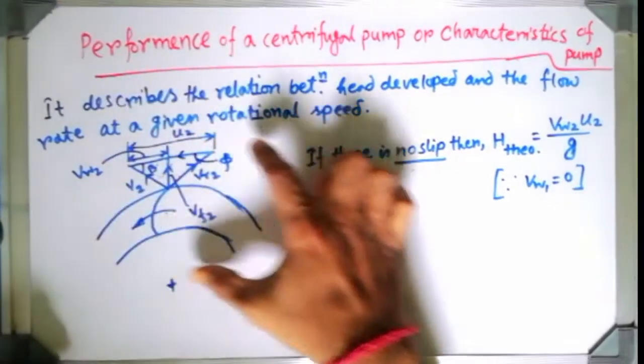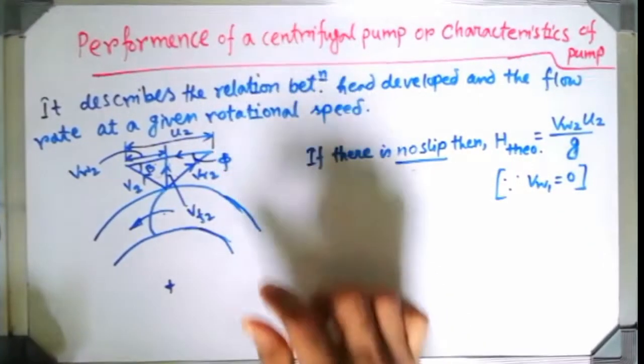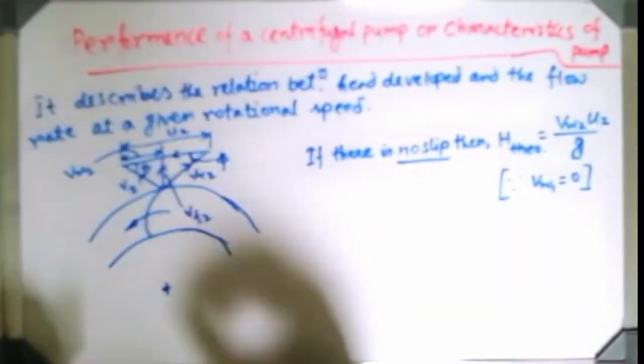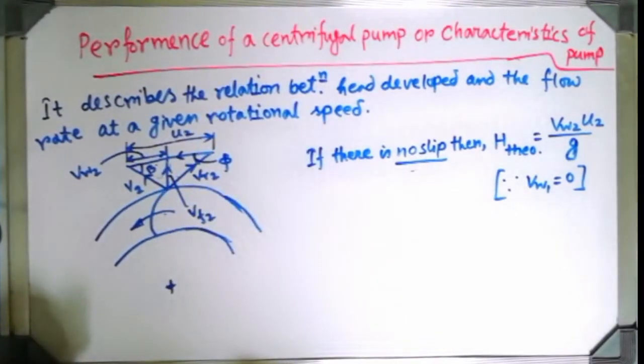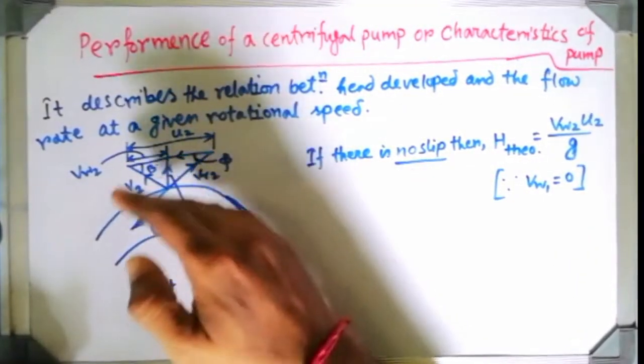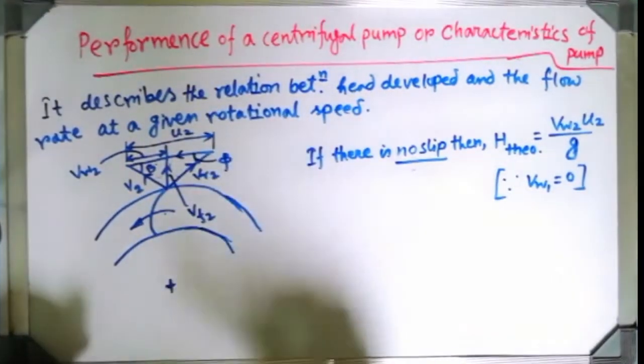Here I have shown you a velocity diagram for the outlet part of the centrifugal pump. That means when the velocity diagram is drawn at the outlet part from the blade, then we can see this kind of geometry. Already I have explained this.